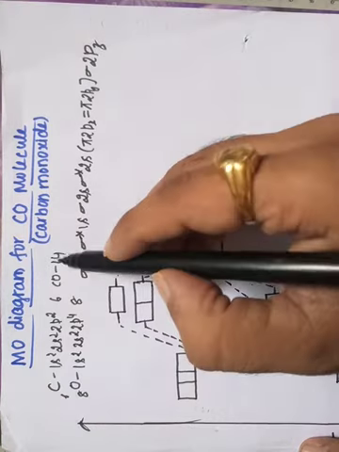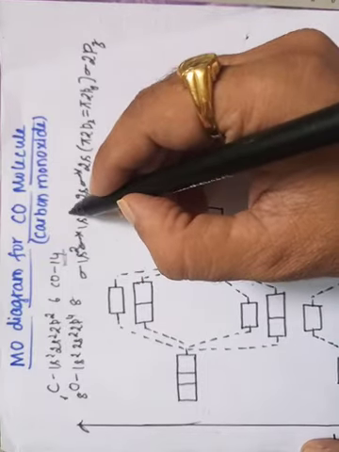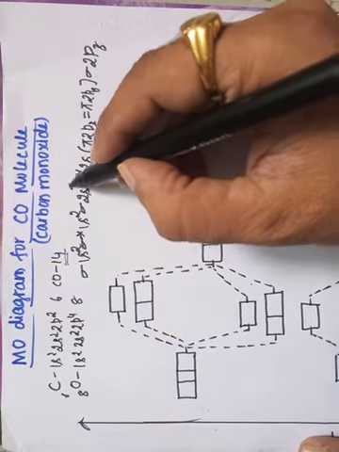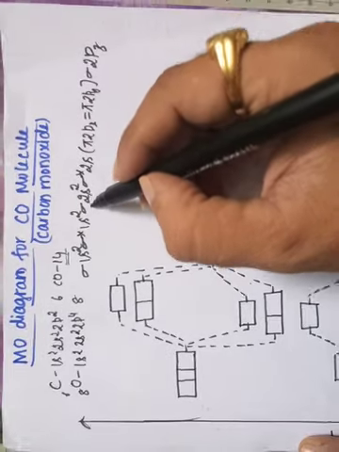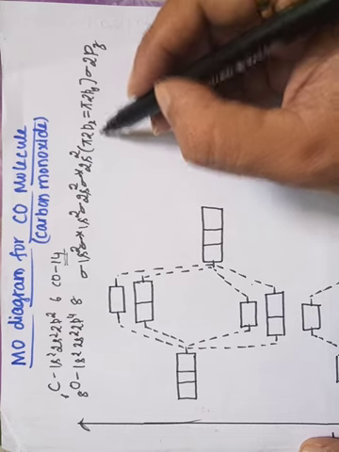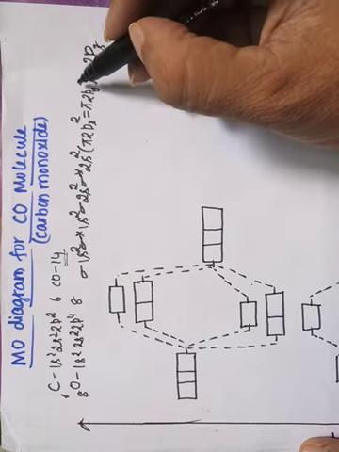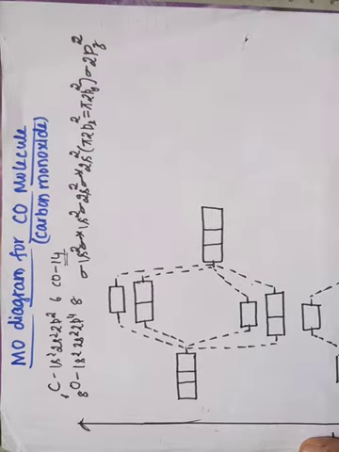Okay, so there are 14 electrons in the carbon monoxide. So sigma 1s2, sigma star 1s2, sigma 2s2, sigma star 2s2, pi 2px2, pi 2py2 and sigma 2pz2. So this is the electronic configuration.